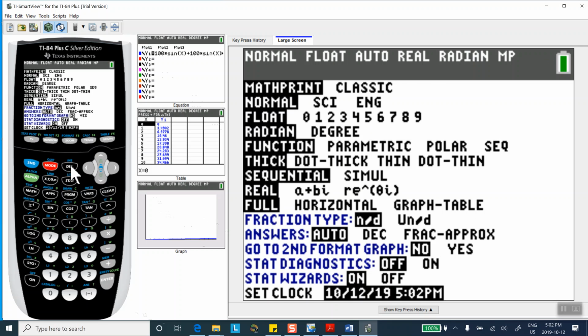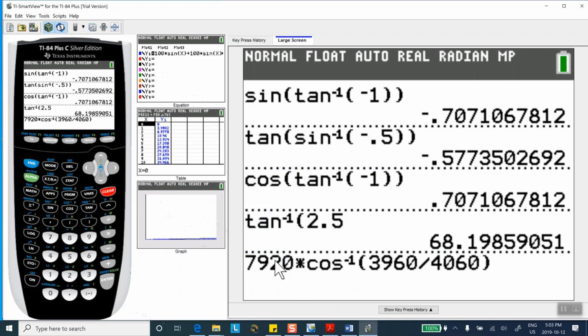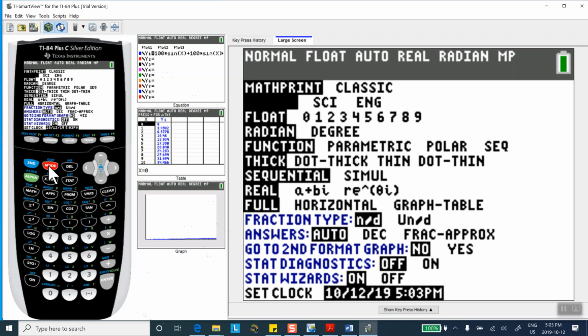How do you get out of mode? I can't remember. Let me clear this and enter. I want to make sure my mode is on radians.